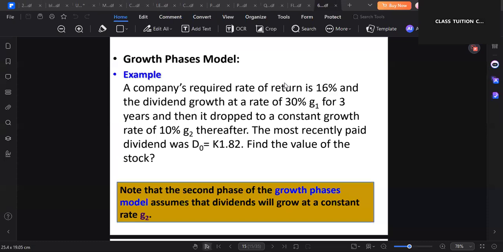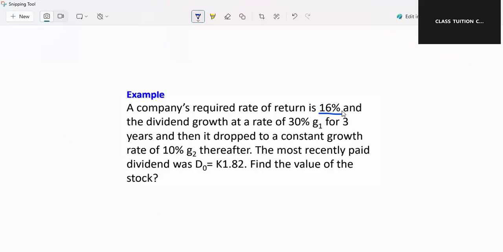A company has its required rate of return at 16%. So this is our K. And the growth rate is 30%, G1, for the first 3 years. So our G1 is 30%. And then it drops to a constant rate of 10%, G2.